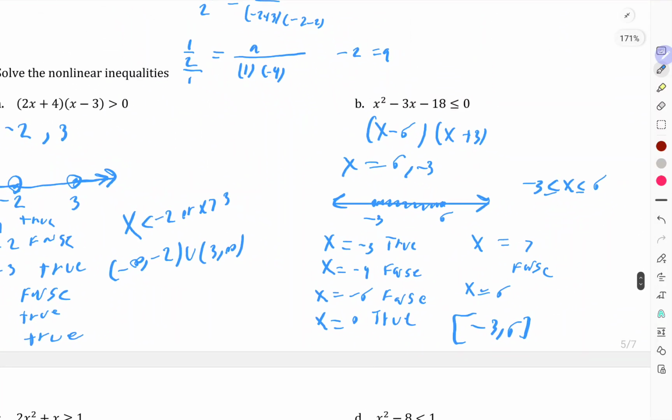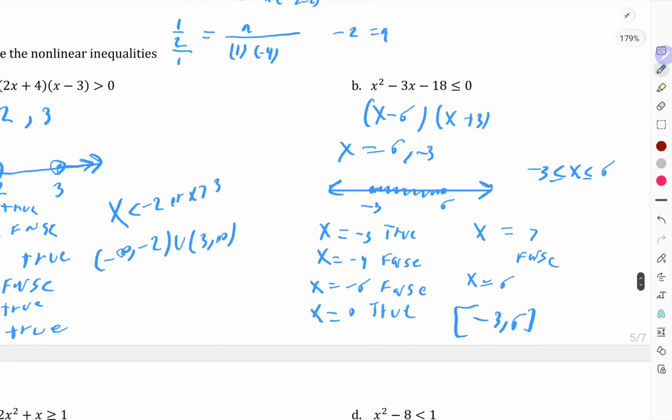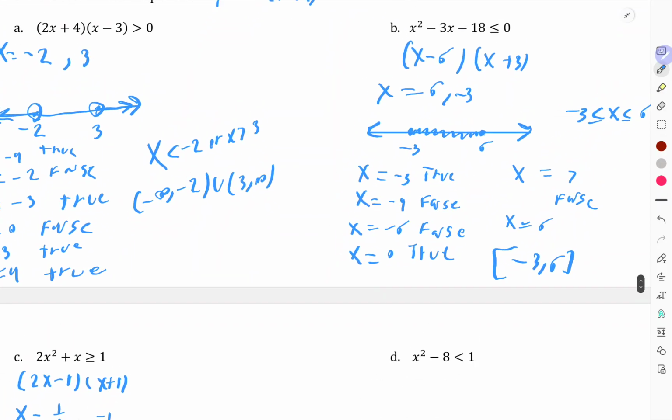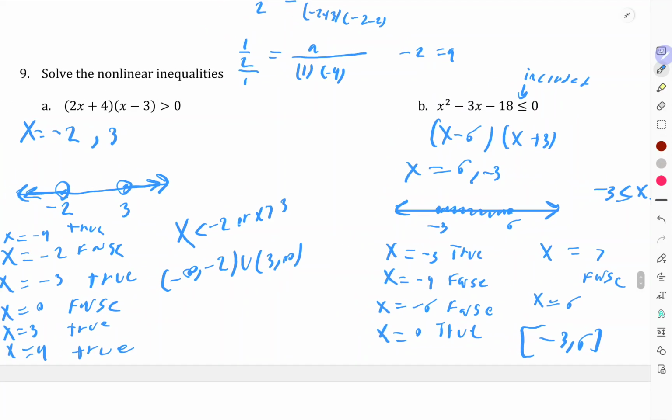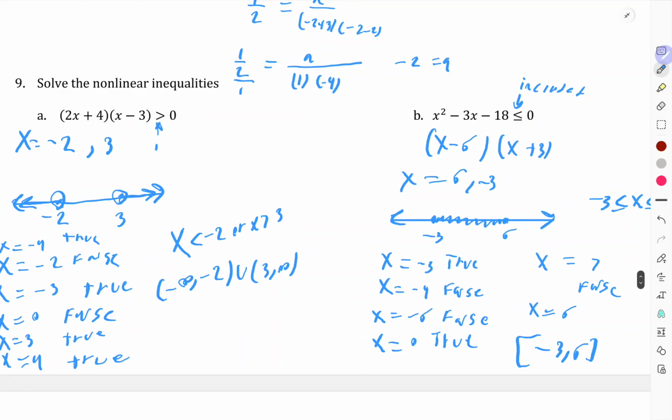Now, for these, I think it's really important. These are essentially inequalities, and for inequalities, you need to know if they're included or not. This sign means it's included, and this sign means not included.